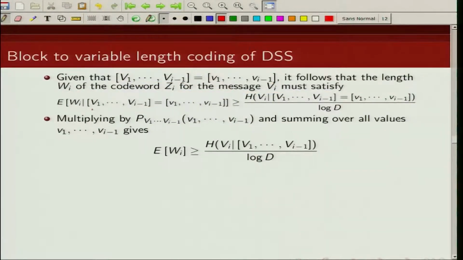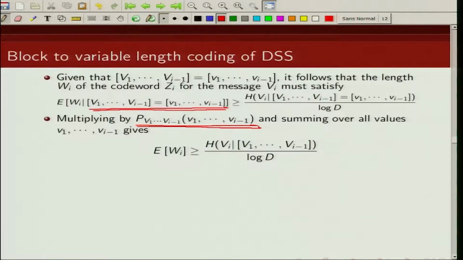Now we want to get rid of the dependencies on V1, V2, up to Vi minus 1. So what do we do? We multiply both sides by the probability of V1, V2, V3, up to Vi minus 1, and sum over all possible values.